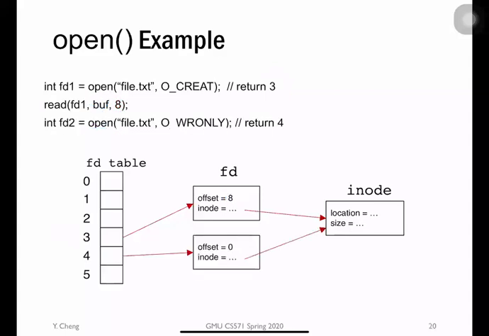And the third line is another call to the open system call. In this case, you open up the same file, but with a different flag opening mode. And instead, it returns a different file descriptor, which is under the index number 4.